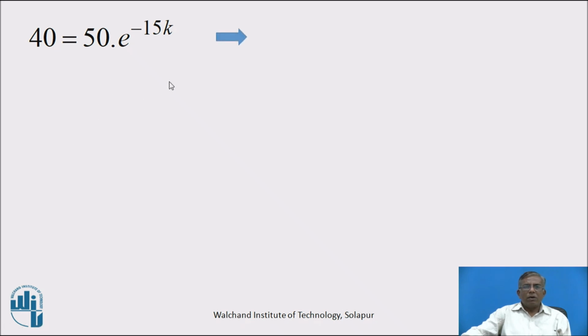From this we get the value of e power minus 15k, which is equal to 40 upon 50, but the 0 gets cancelled, giving 4 upon 5. So this is the value of e power minus 15k, and denote this as equation 3.